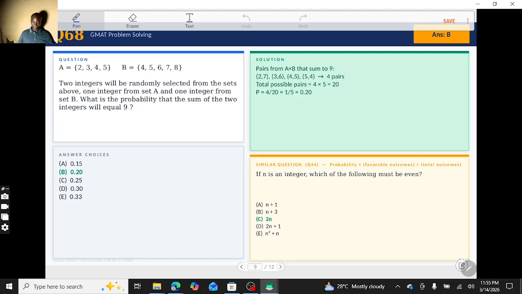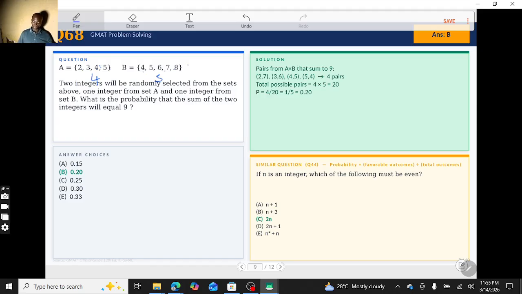So what to think about here is we can do this one in 4 ways and we can do this one in 5 ways. The 5 is not this 4 here, but it is 1, 2, 3, 4, and this is 1, 2, 3, 4, 5. 4 times 5 is 20.